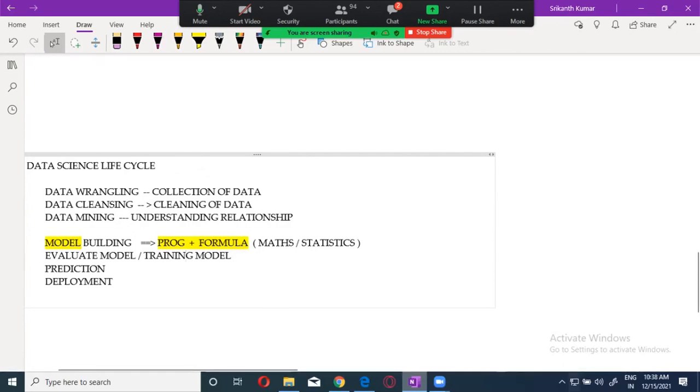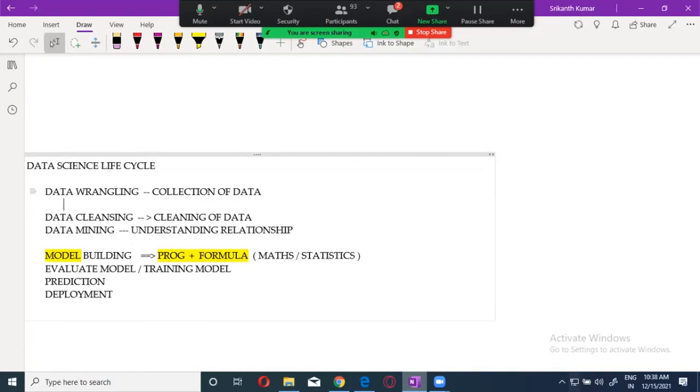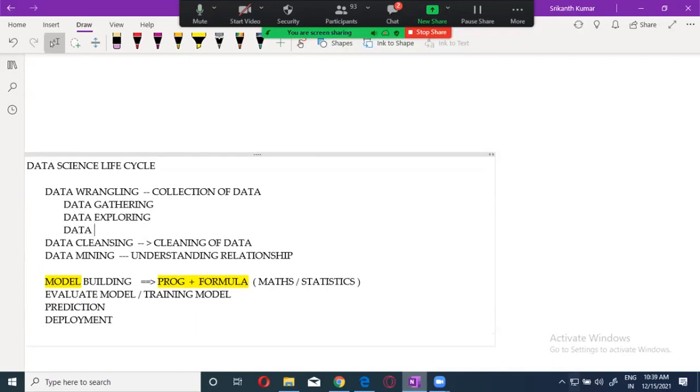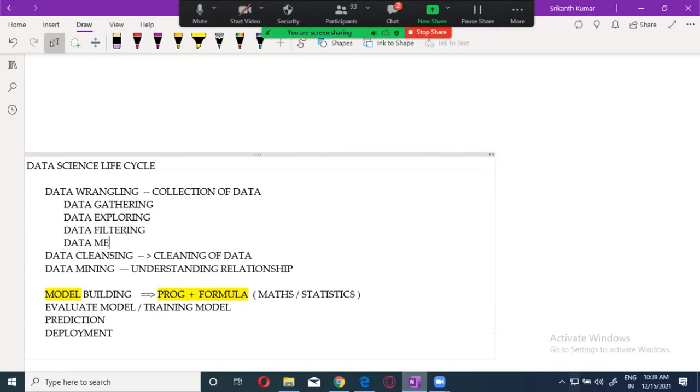You know what the data is now, how we are going to do the wrangling, cleansing, and of course, these are detailed processes. The wrangling will have a separate set of processes, like data gathering, data exploring, data filtering, and data merging.